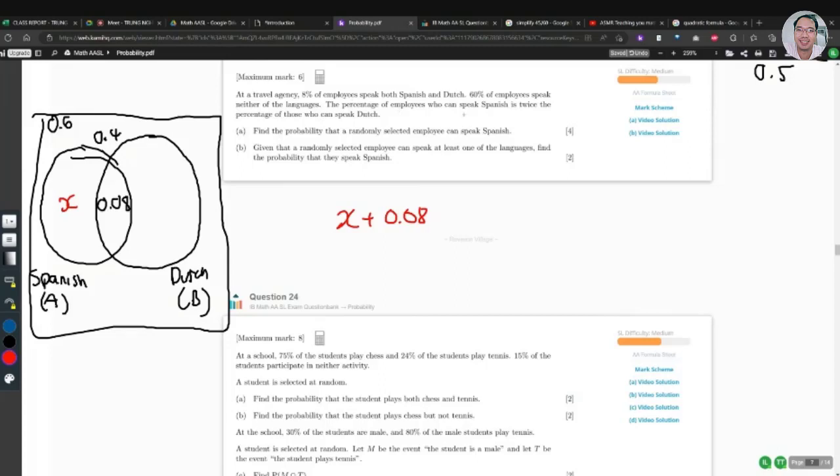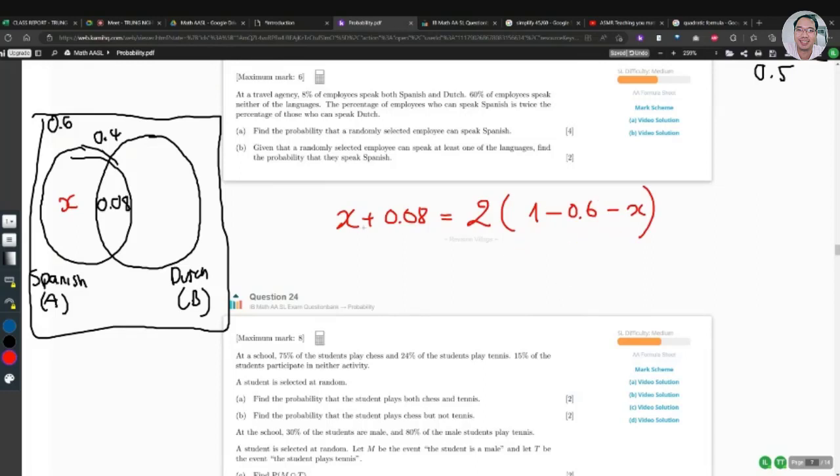The percent of speaking Dutch here is calculated by 2 times... I need to find it by an equation, which is 1 minus 0.6 minus x minus 0.08. No, for speaking Dutch, we don't need to subtract this. Okay, this is speaking Dutch.